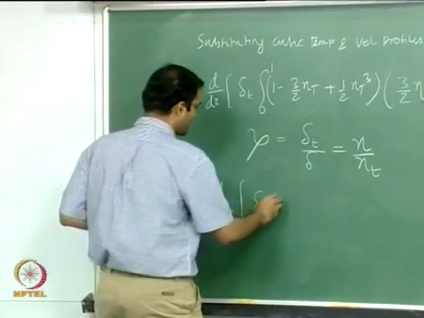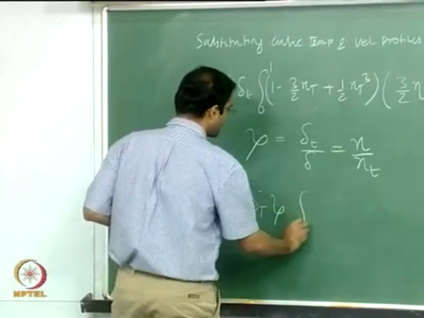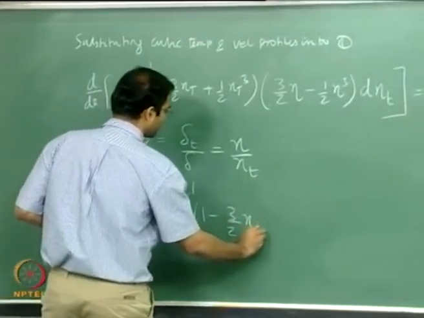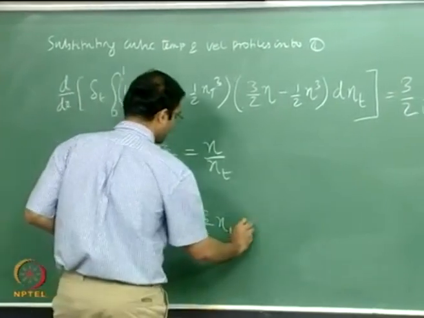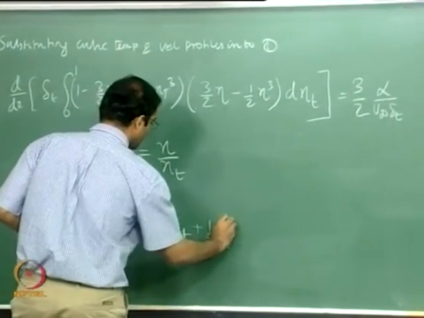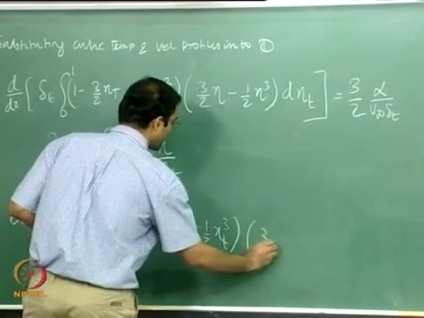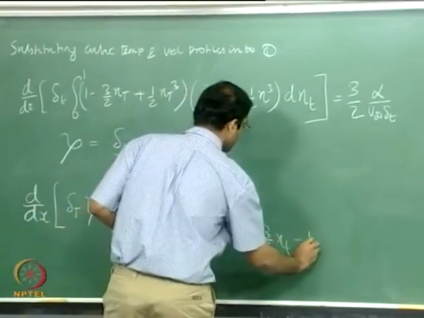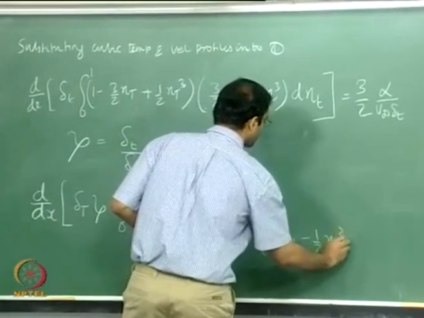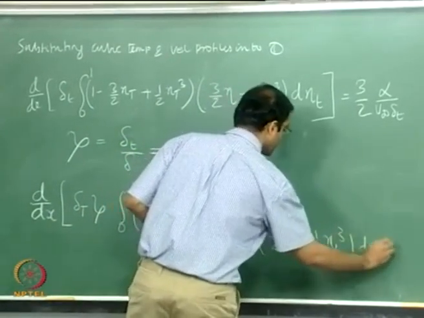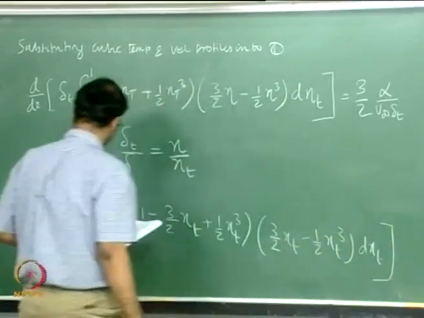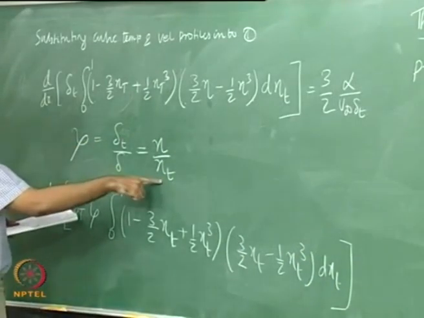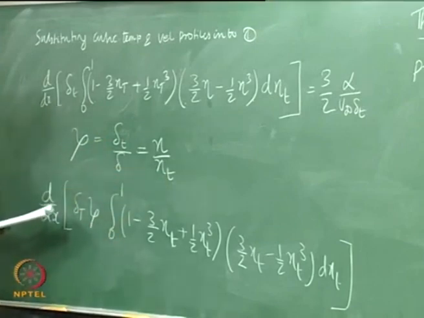So this will be delta t zeta, and inside the integral you have 0 to 1 minus 3 by 2 eta t plus 1 by 2 eta t cube into 3 by 2, this is again eta t minus 1 by 2 eta t cube d eta t. Okay, so I am just substituting eta as zeta into eta t.